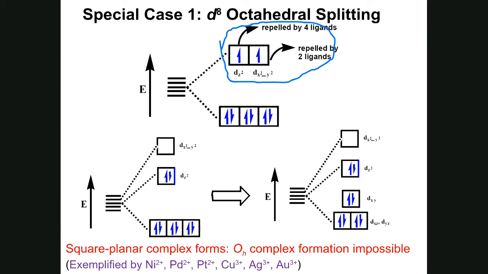And those orbitals that have got a z-axis component will be lowered in energy from the T2G set. We don't keep the T2G as being degenerate because of this loss of equality in the orbital sets.